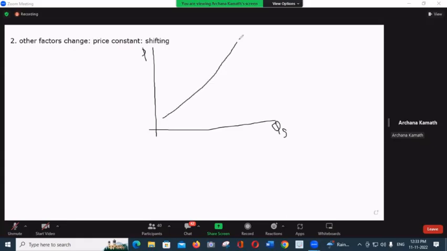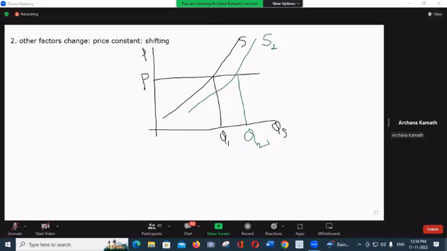It's an upward sloping curve. Okay, price is the same and supplied quantity is Q1 initially. It can go to Q2, which is higher than what the seller was usually supplying. This leads to a rightward shift of the supply curve.